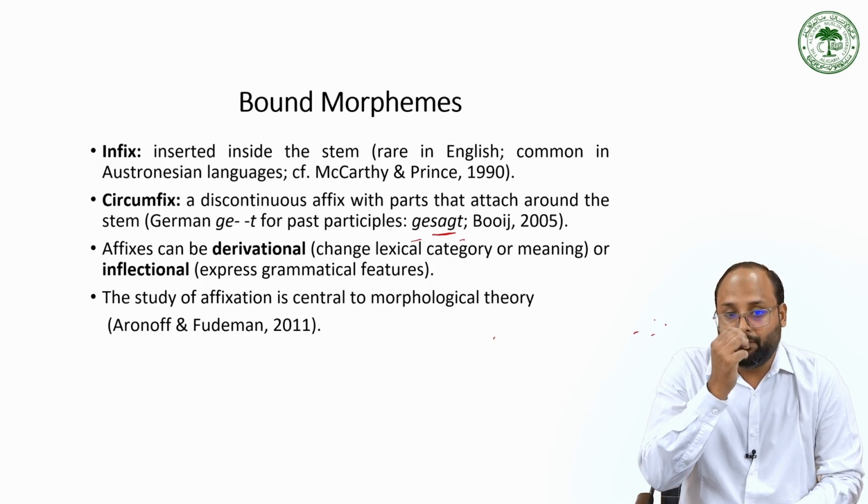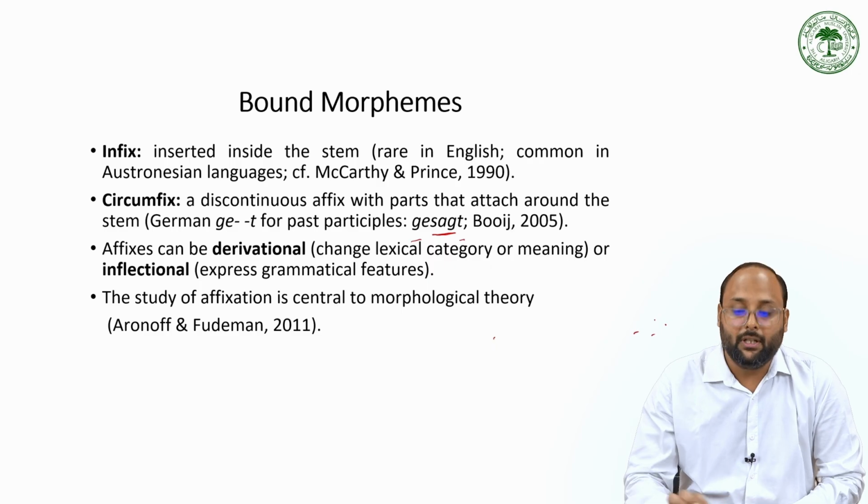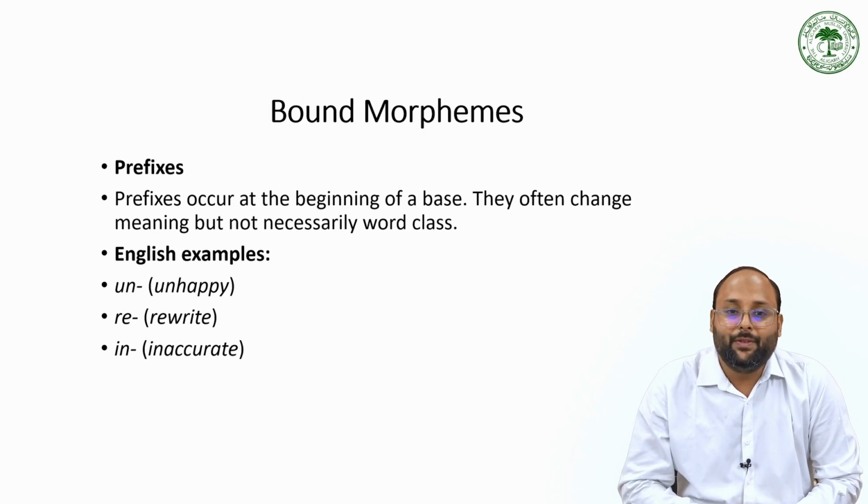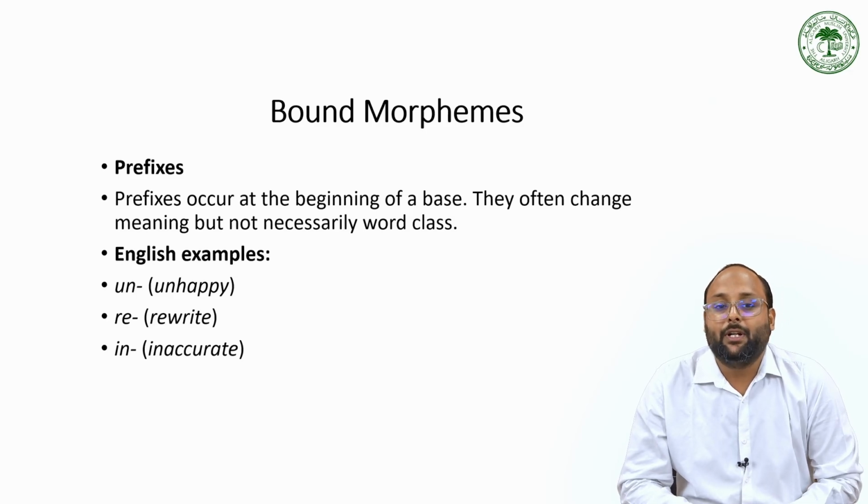The study of affixes is central to morphological theory. So we have the example of prefixes. Prefixes occur at the beginning of the base. They often change the meaning, but not necessarily the word class.